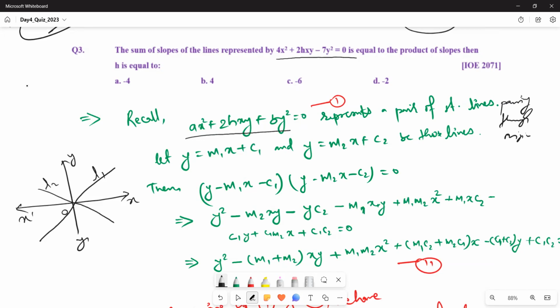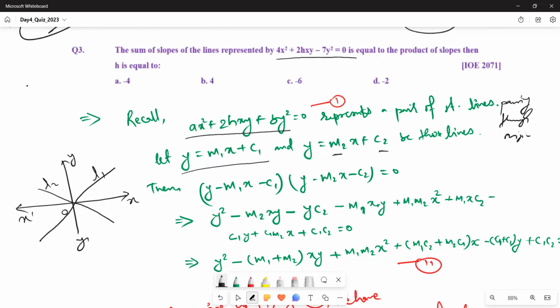So let y equal to m1x plus c1 be the first line, with slope m1 and y intercept c1, and for the second line, let's suppose y equal to m2x plus c2, which has slope m2 and y intercept c2.